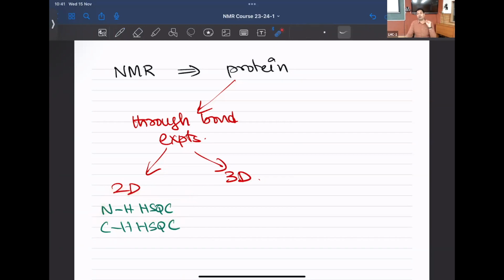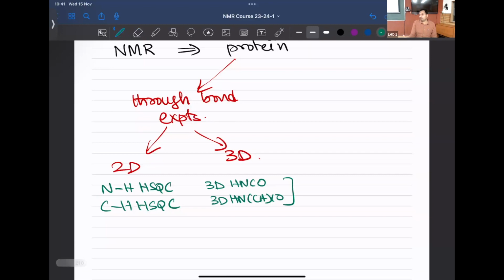But we said in order to get sequence-specific assignment, we have to build upon the 3-dimensional NMR experiments, where we did see the 3D HNCO and then the 3D HNCACO, which potentially could give good sequential assignments. At the same time, one of you raised the point that maybe you have resonance overlap in C prime or in nitrogen.